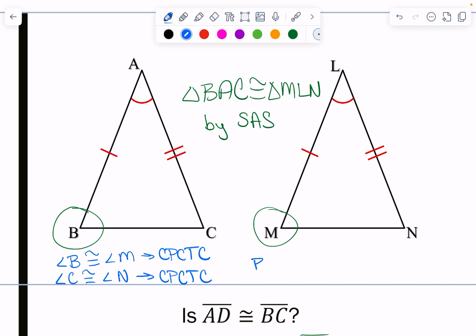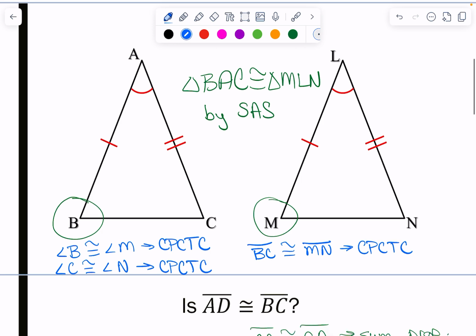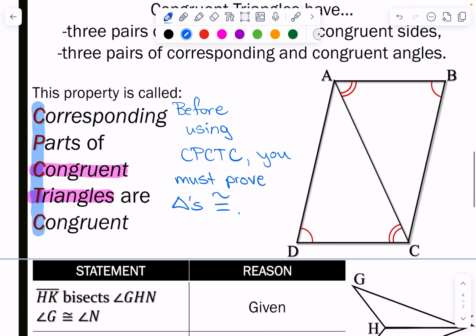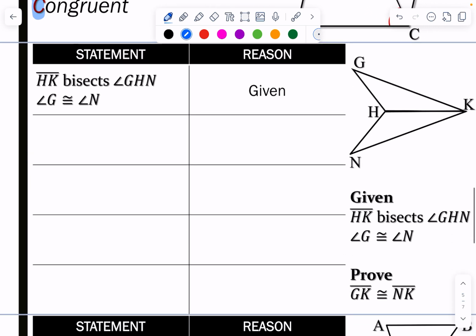We also would even know side BC would be congruent to side MN, again, by CPCTC. So once we prove triangles congruent, we know all the additional pieces that we don't already have would also have to be congruent.